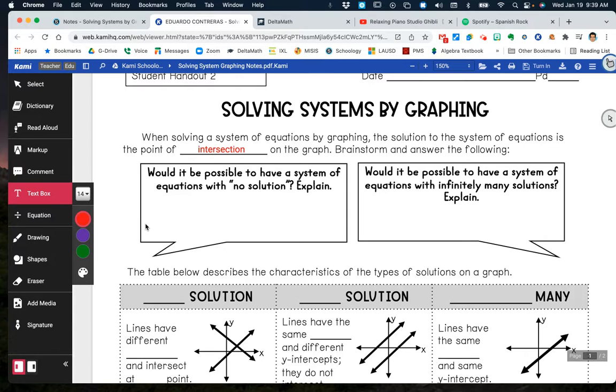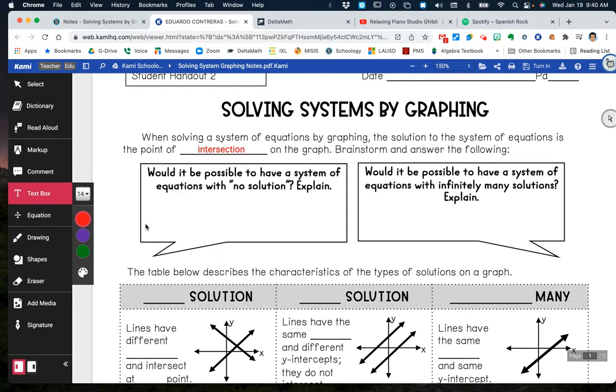And if there is, what would it look like? So is it possible? So two lines crossing, basically one of these, some way, somehow. That point where they cross, that's a solution. And everywhere the points touch from two lines, we call it a solution. Is it possible that there's no solution?